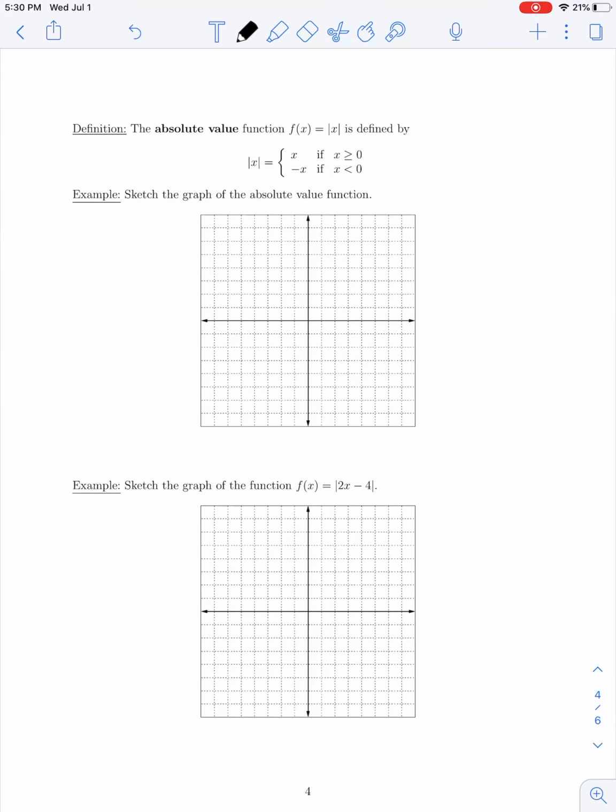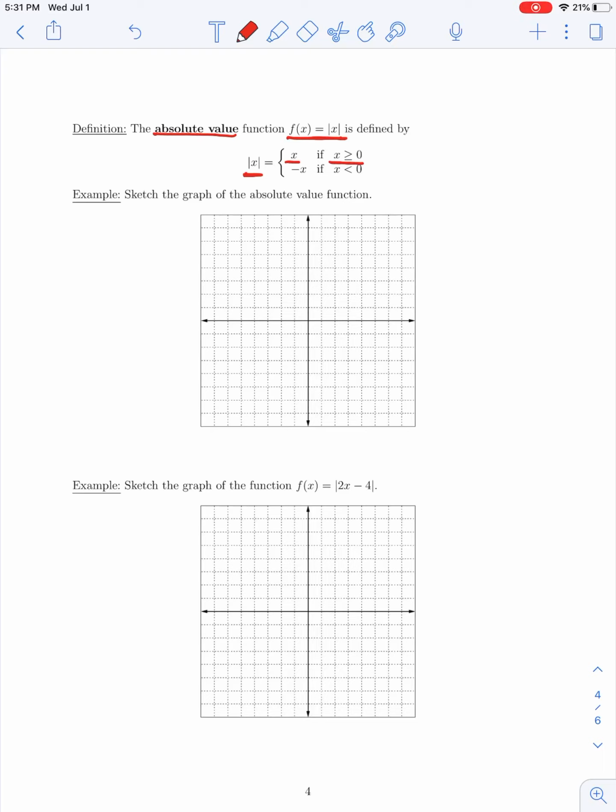So in our next part of this section, we'll consider the absolute value of a function. Now, formally, the absolute value function itself, f of x defined by the absolute value of x, is actually a piecewise defined function. So the absolute value of x is defined as x as long as the value of x is non-negative.